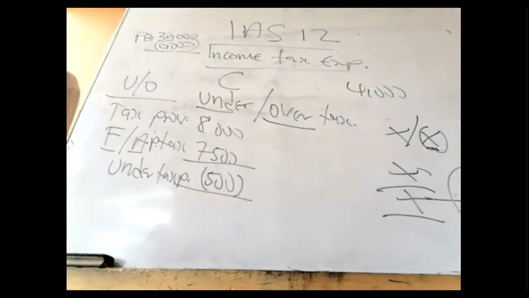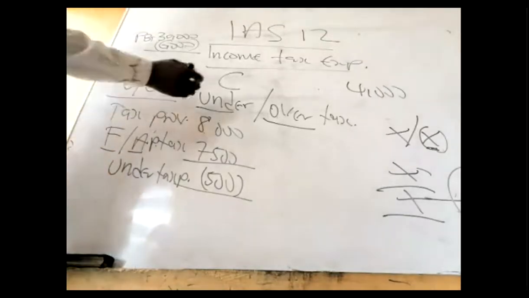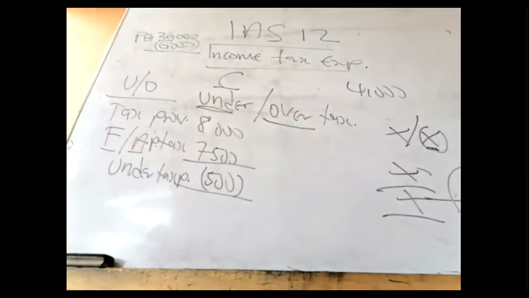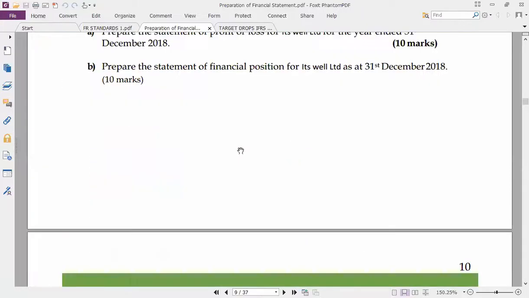Now you're going to solve both current and under. I'll still come to the D. The D is the deferred tax. So let's go to success and let's pick the tax.